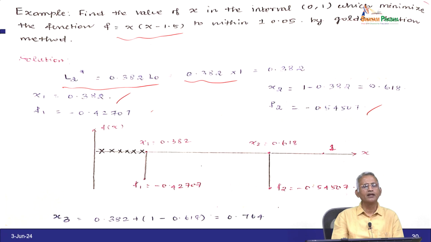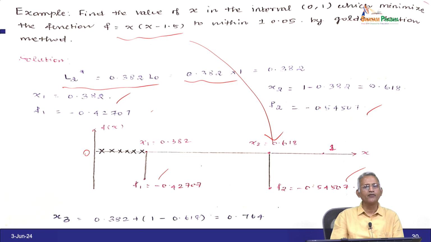Now, take a two dimensional graph. Minimum limit 0 and maximum limit 1, x1 value 0.382, corresponding f of x1 is minus 0.42707, and x2 equal to 0.618 and corresponding f of x2 is 0.618 into 0.618 minus 1.5, f2 equal to minus 0.54507.